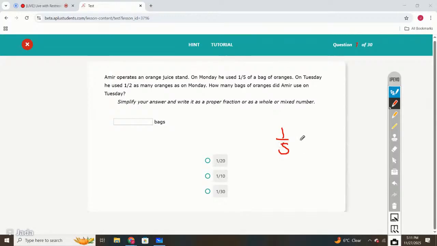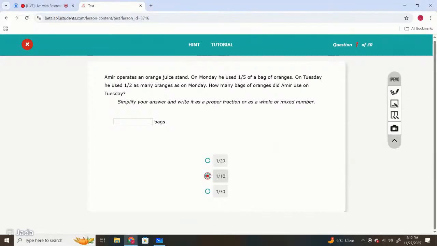On Tuesday, he used half as many oranges as on Monday. How many bags of oranges did Amir use on Tuesday? 1 times 1 is 1 and 5 times 2 is 10. So the correct option is 1 by 10. Option number 2 is the correct option.